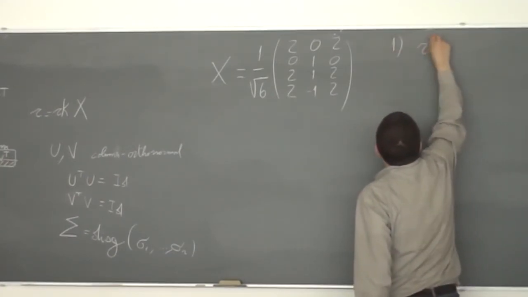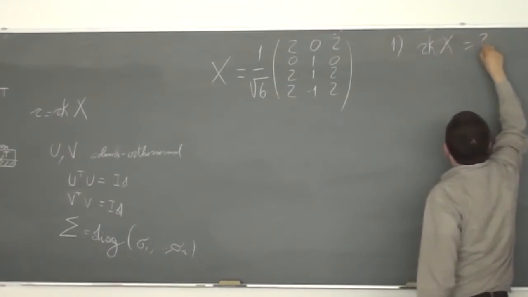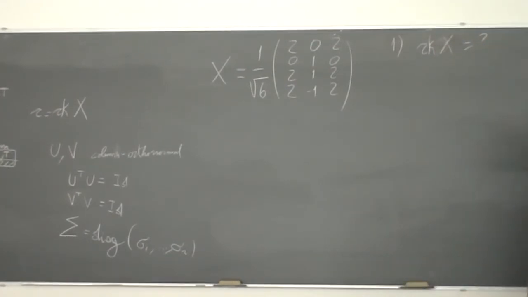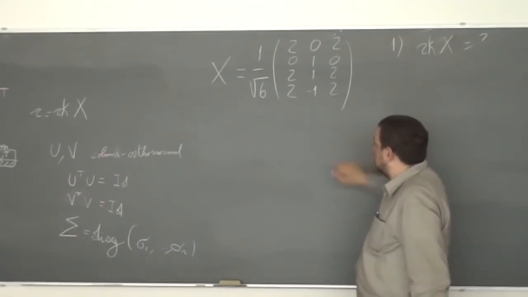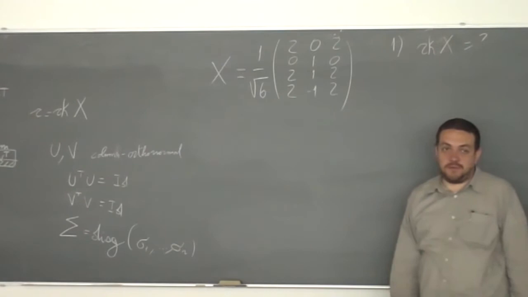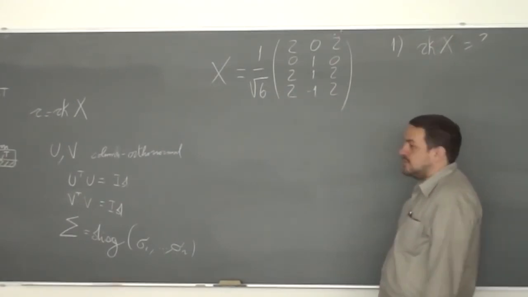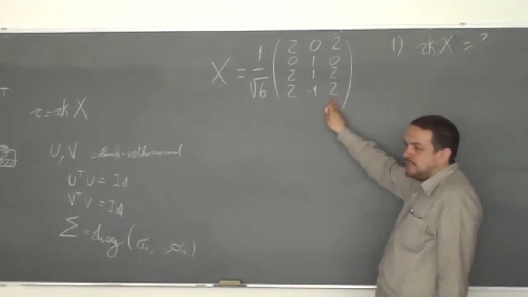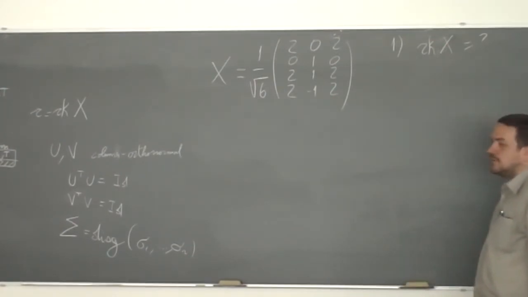First question, what is the rank of matrix X? Of course, we know that the rank can be at most 3, but 2 columns are equal, so at least 1 column is not linearly independent, so the rank can be at most 2.